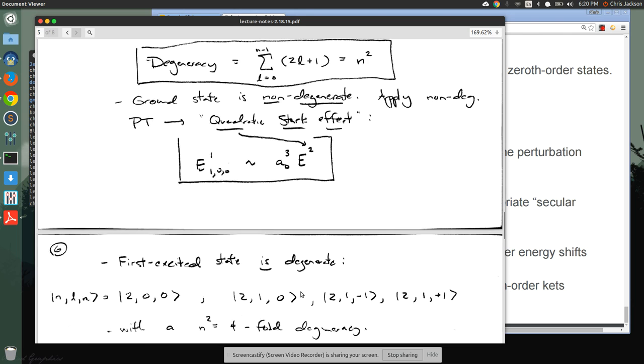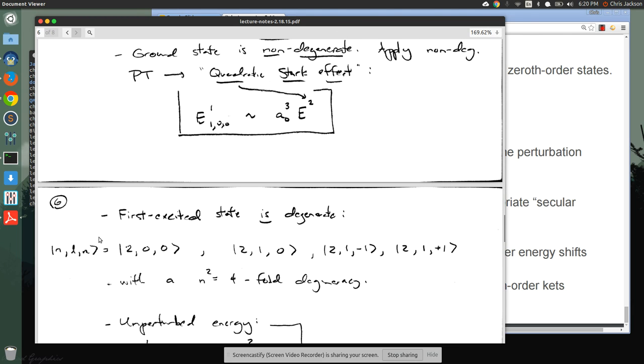Okay, so let's look at the first excited state now. The first excited state is going to be n equals 2. So that means I'm going to have l equals 0 or l equals 1. If I have l equals 0, then the only possible value of m is 0. But if I have l equals 1, then the possible values of m are 0, minus 1, and plus 1.